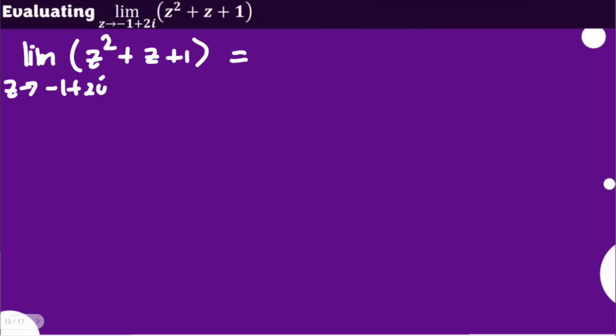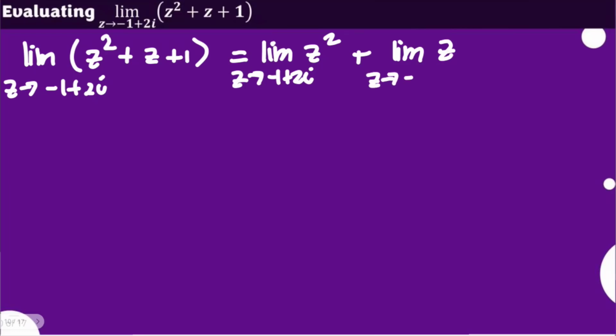For the limit theorem, we have here the limit of z squared as z approaches negative 1 plus 2i, plus the limit of z as z approaches negative 1 plus 2i, the same z sub 0, plus the limit of 1 as z approaches negative 1 plus 2i.